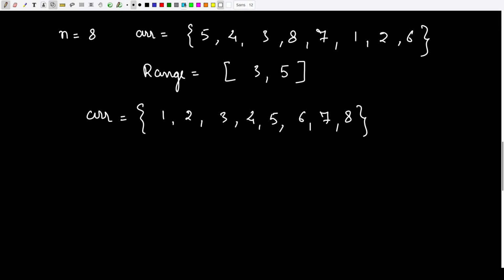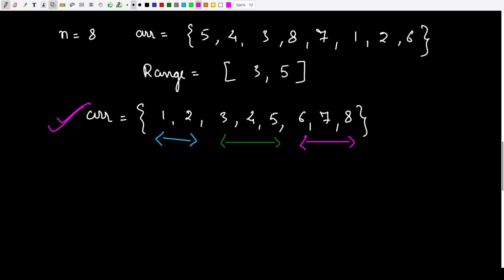Please note over here all the elements less than 3 are appearing in the first portion of the array. All the elements in the range of 3 to 5 are appearing afterwards, and all the elements which are greater than 5 are appearing towards the end. Once we return this modified array to our driver code, the driver code will return 1.